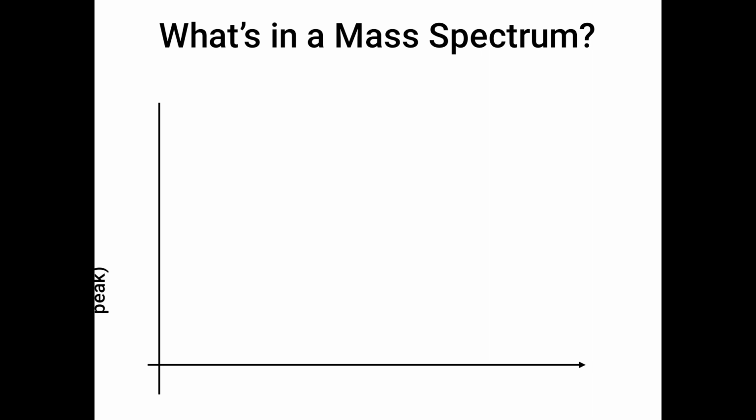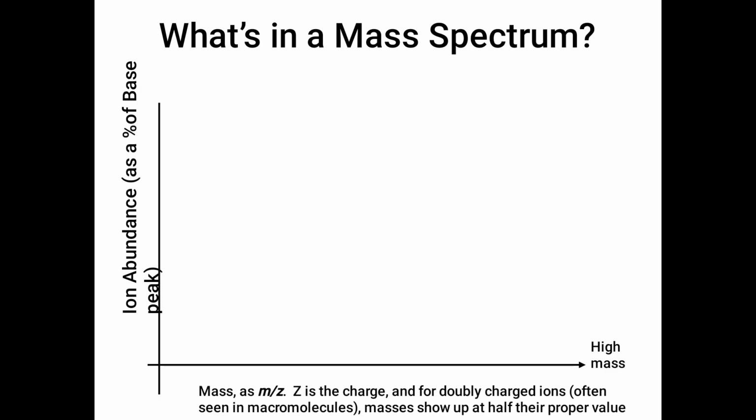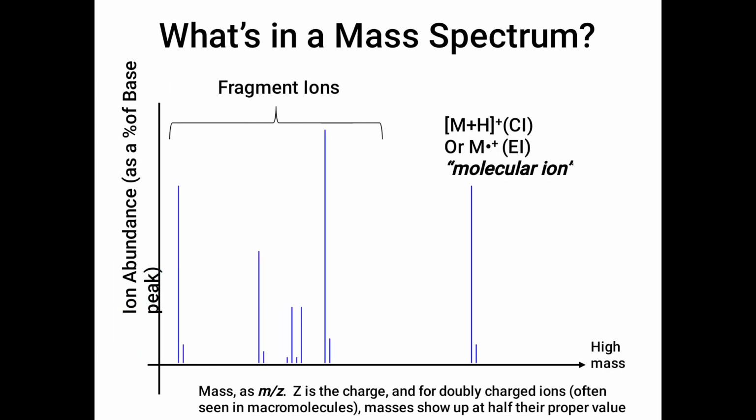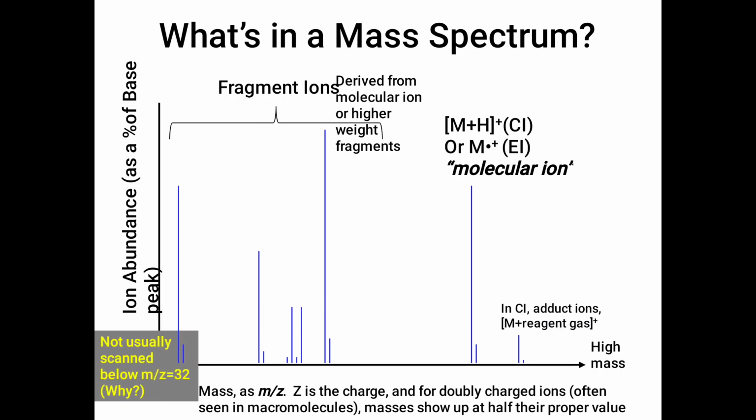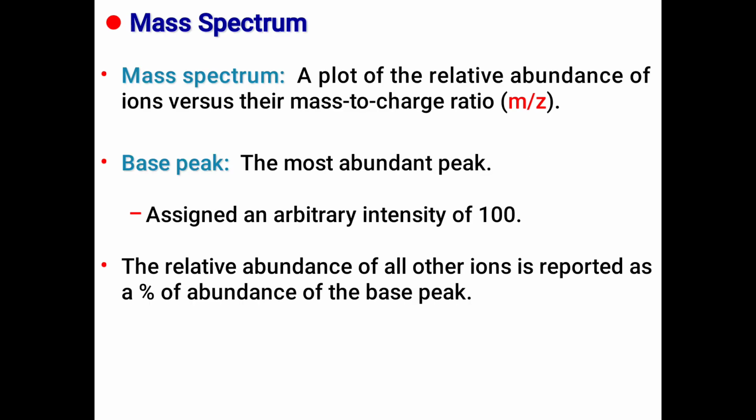What is a mass spectrum? It is a plot of ion abundance against mass. A mass spectrum is a plot of the relative abundance of the ions versus their mass to charge ratio.